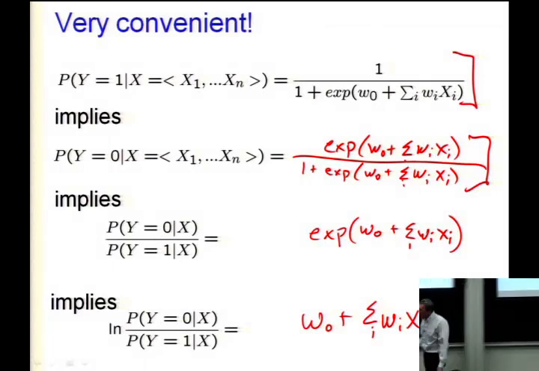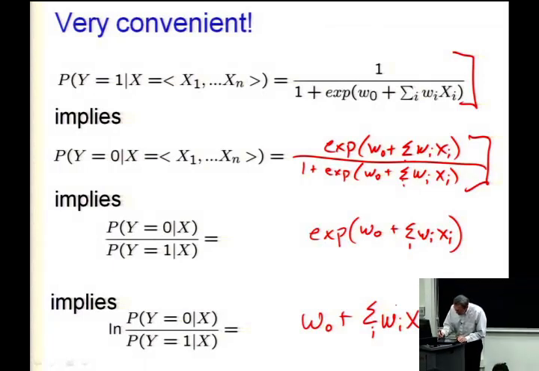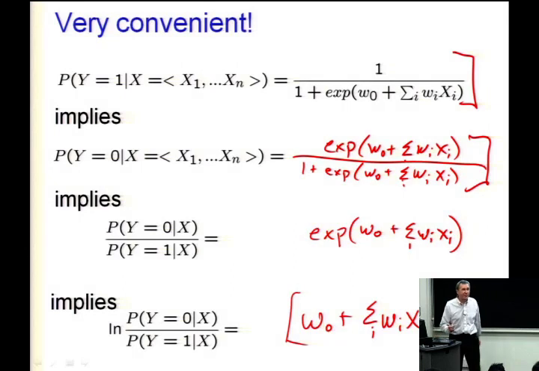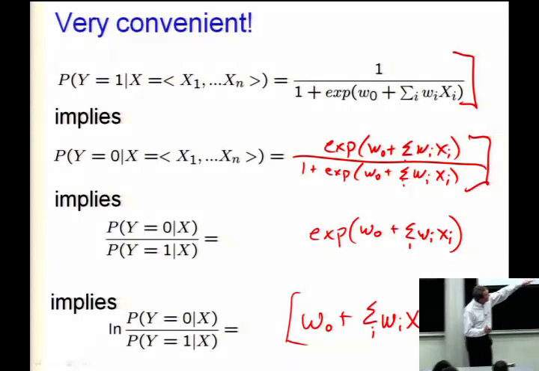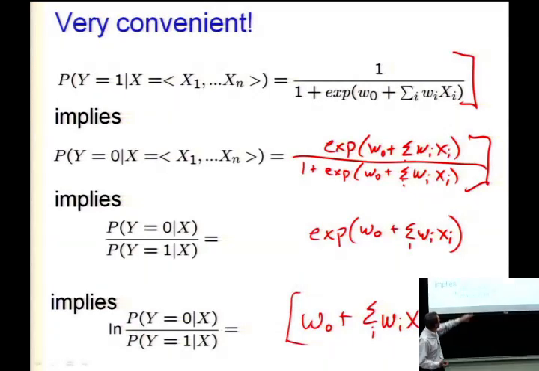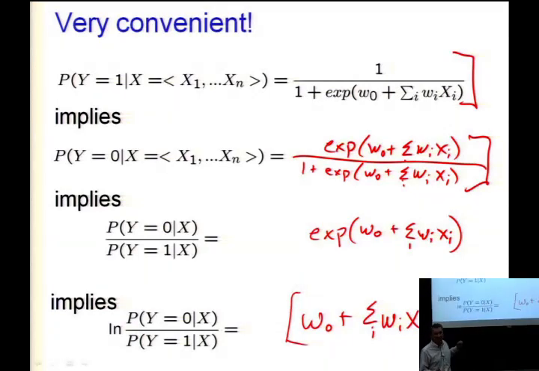And so our decision rule for logistic regression is just whether this quantity is greater than or equal to 0. And that is equivalent to asking, is it more probable that y equals 0 given x or that y equals 1 given x?